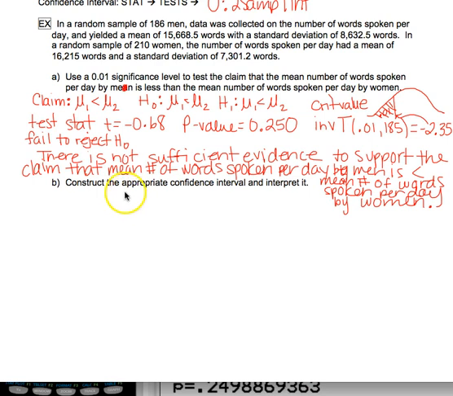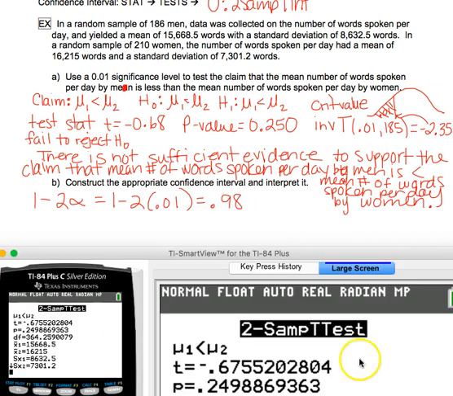Remember that in this case, because it is a one-tailed test, we are going to do 1 minus 2 alpha for our confidence level. So our alpha was 0.01, so 1 minus 2 times 0.01, which gives us 0.98. So this is a 98% confidence interval that we are going to construct.